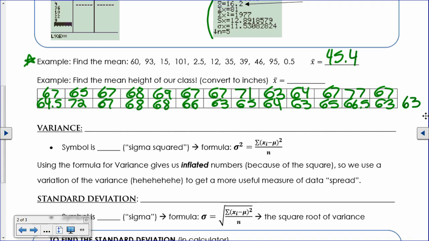Alright, so now go ahead and enter that data. Be very careful. Enter the data into your calculator. Wait, just like all of them in one column?